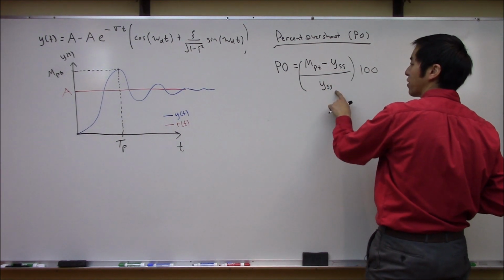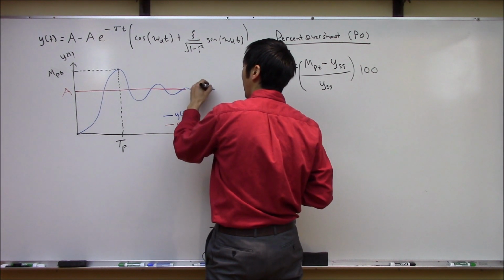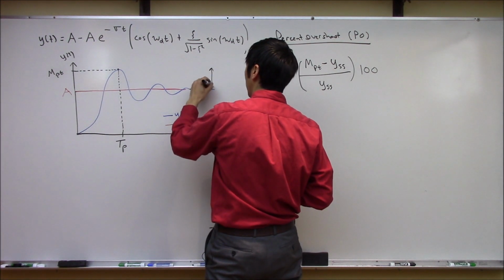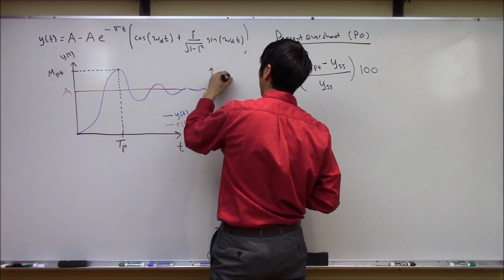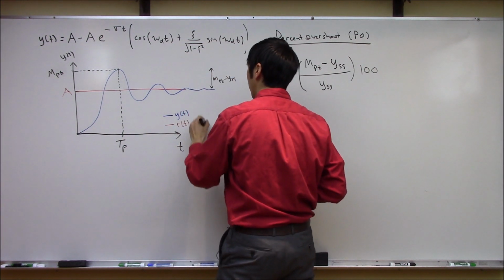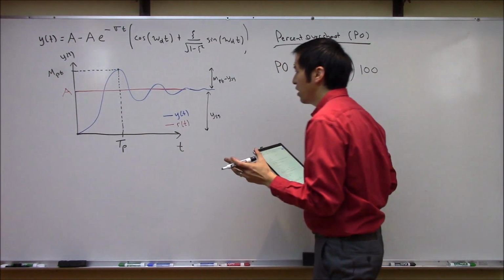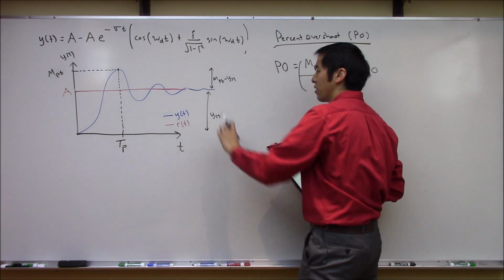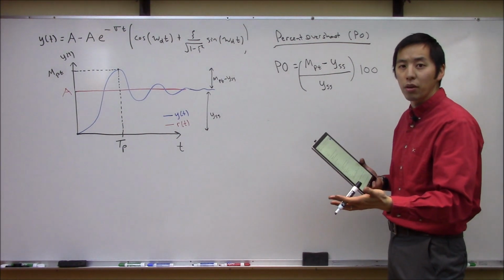You always want to use Y steady state here, right? So the distance between the steady state value and this peak is MPT minus Y steady state, and then this distance here is Y steady state. So you can see that the ratio of this to this gives you an estimate of how far over you ended up going, right?